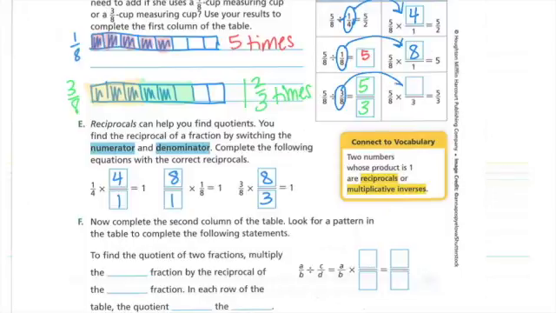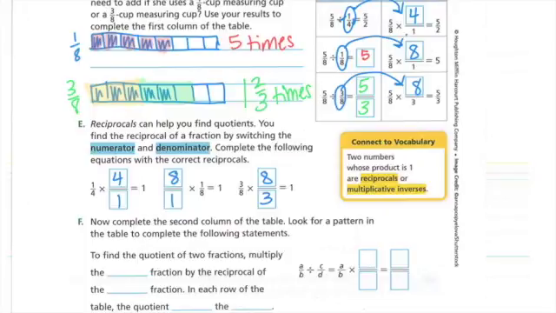3/8 reciprocal is 8/3. I want you to notice something. When we divided, did we get the same thing as when they multiplied by the reciprocal? Yes, we did. So let's look down on F again.